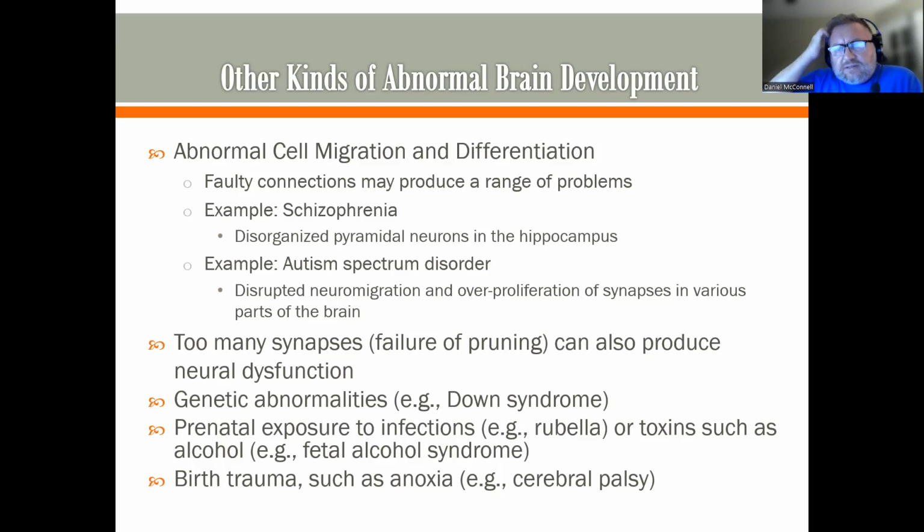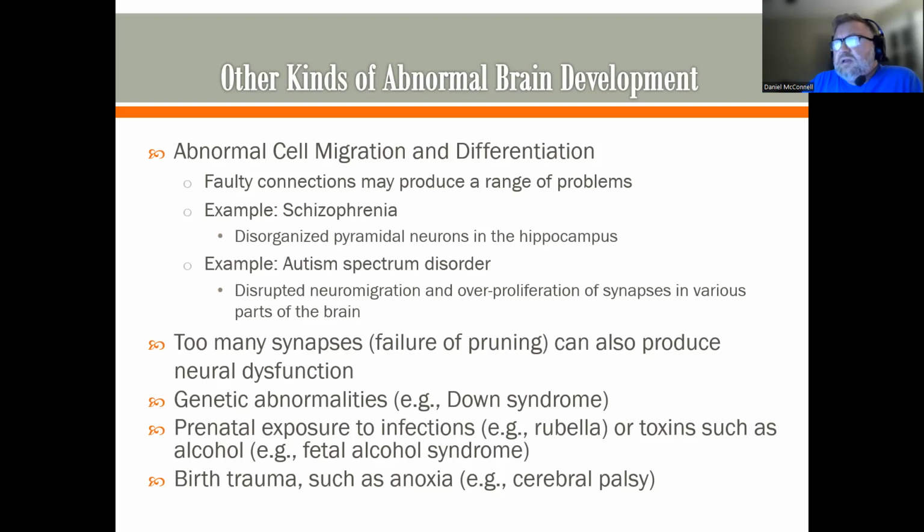At the very beginning of these notes, we were talking about neurogenesis, neuromigration, and then complexity and arborization. There are some situations where it is known to occur where the neuronal migration does not go exactly according to plan. Once neurons get into place and they start to differentiate into different kinds of neurons, that doesn't always go exactly according to plan.